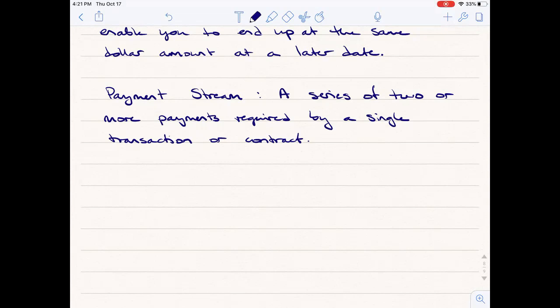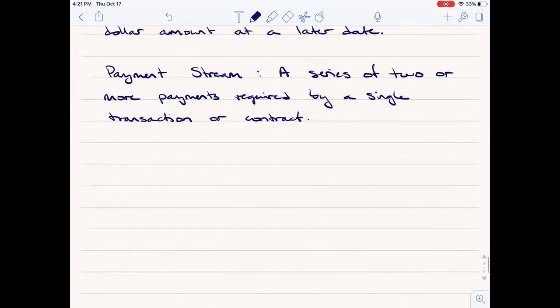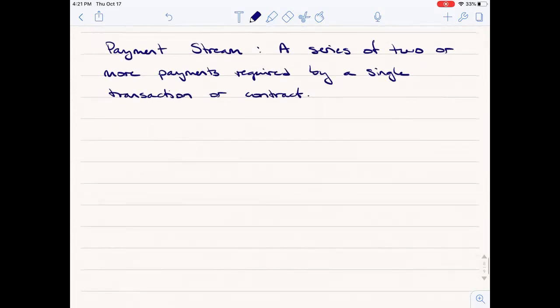For now, it's just going to be, I borrowed some money from you and I'll pay you back some of it in a month, and then I'll pay you back the rest in 3 months from now, right? That kind of payment stream. They're all payment streams, but we're going to be talking about just a couple of payments, maybe up to 5 payments or something like that.